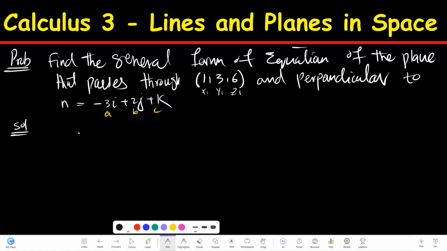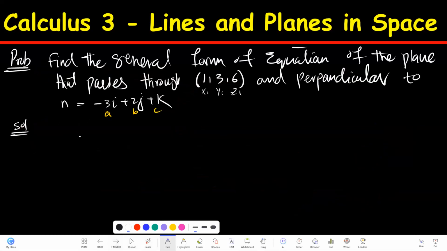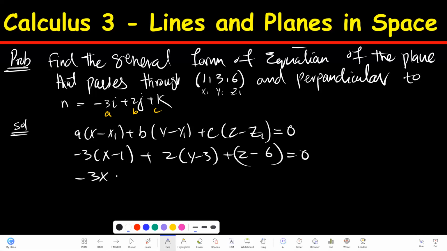All I know from the previous slide is my equation: A(x minus x1) plus B(y minus y1) plus C(z minus z1) equals 0. So I'm going to substitute the values: minus 3(x minus 1) plus 2(y minus 3) plus 1(z minus 6) equals 0, and minus 3x plus 3 plus 2y minus 6 plus z minus 6 equals 0.